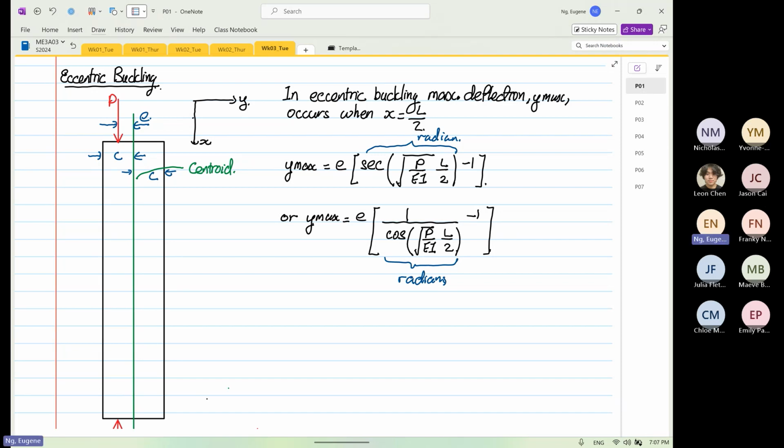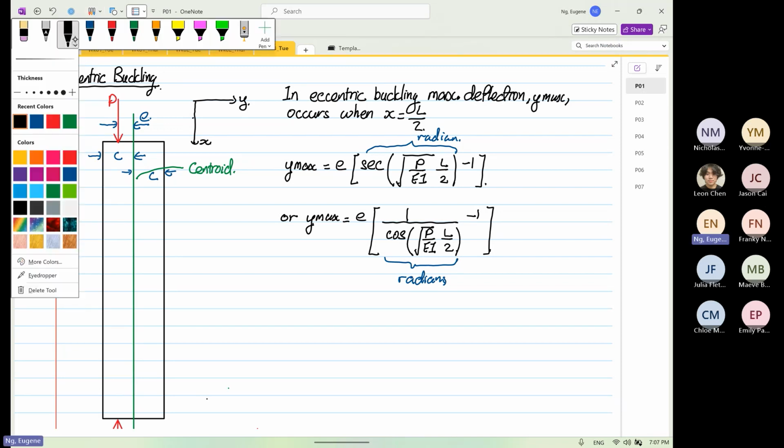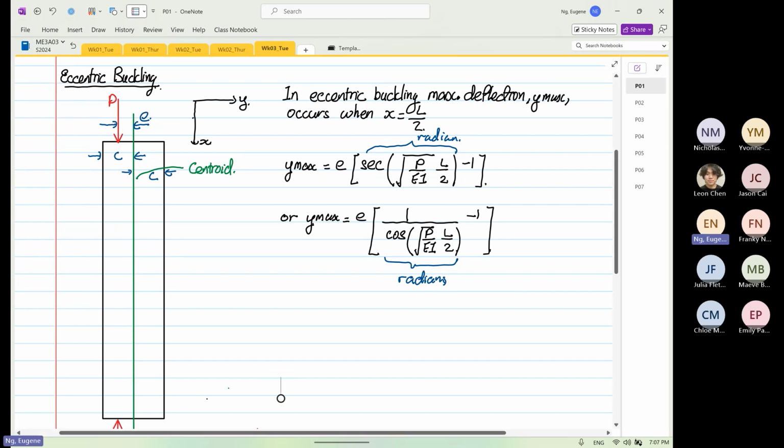Now Y max can also be written in a different form.